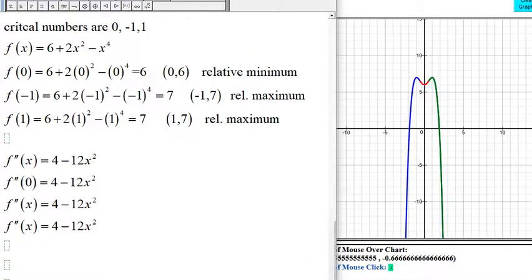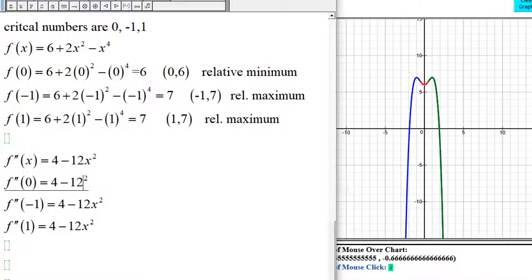So we want 0. So finding the derivative of the function and then evaluating the function at the critical numbers will help us find relative maximum, relative minimum. But here's what the second derivative will do.